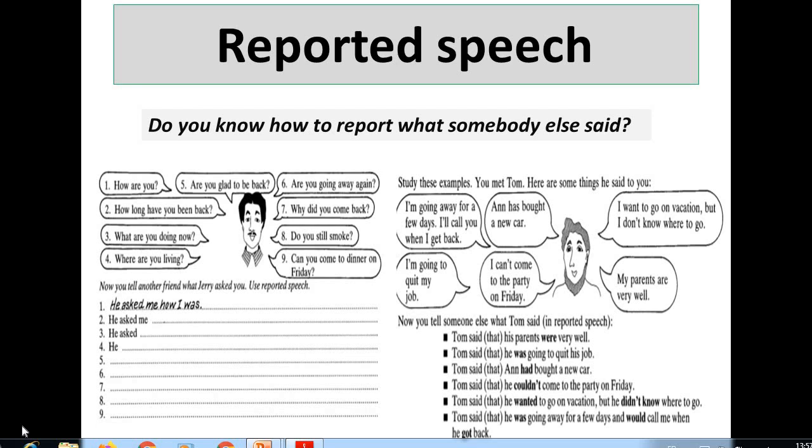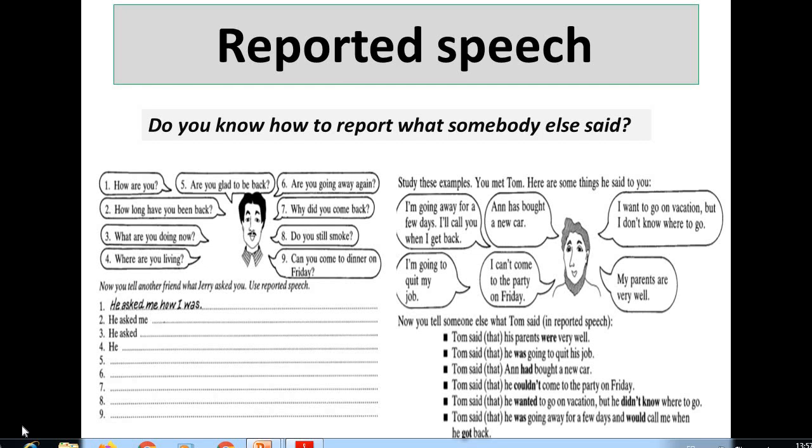For example, if you were with your friend and your friend told you something, and when you come back to your home, your mother asks you what your friend told you.